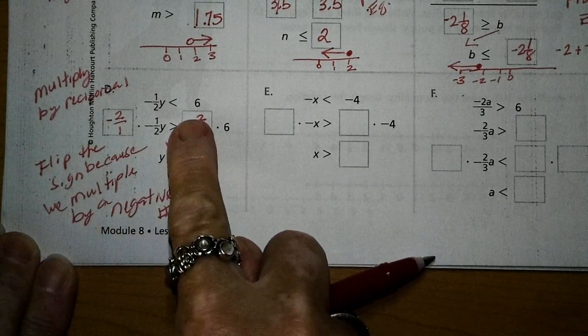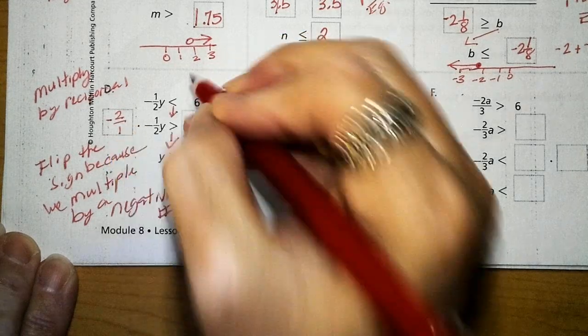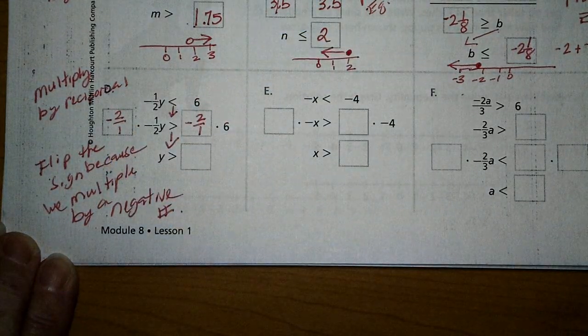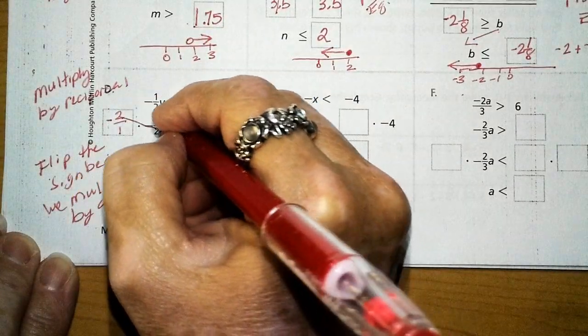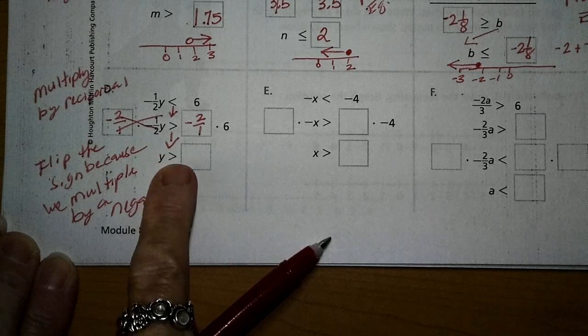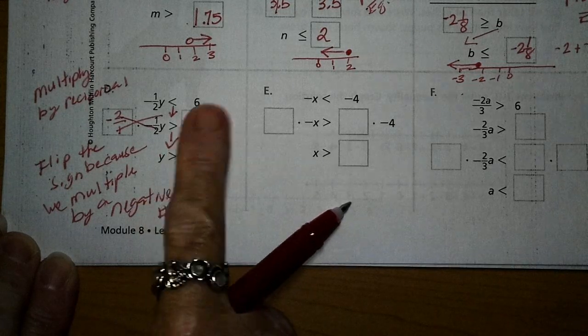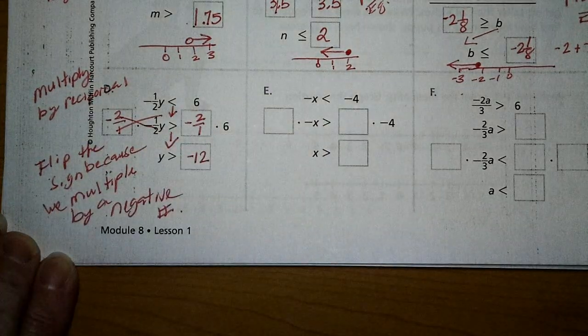Okay? So it went from less than to greater than. So I know that this will go away, and it leaves me with y is greater than negative 2 times 6 is negative 12.